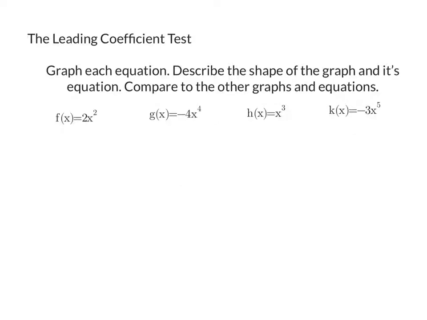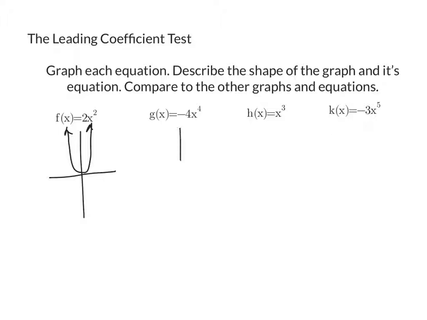All right, so about this leading coefficient test. First we're going to compare by hand, and then we're going to try and make some assumptions based off of that so that we can come up with the leading coefficient test. So 2x squared, if we were to graph that, is a parabola that's been stretched by 2, okay?